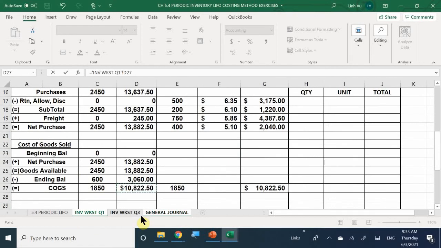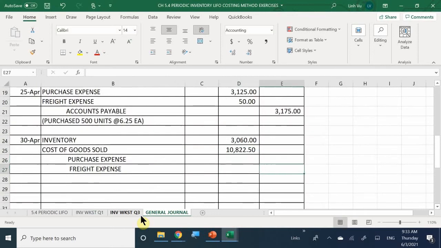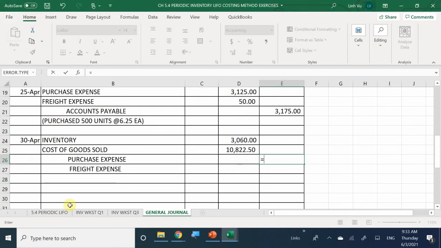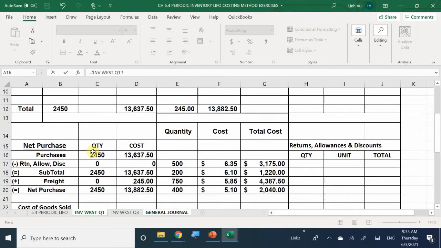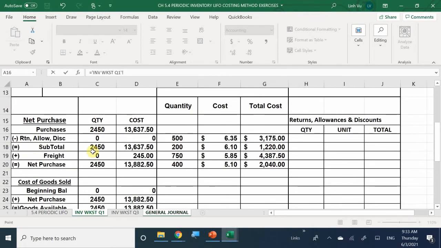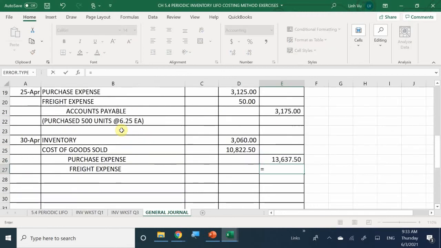About 10,800. What was my total original purchase price? Yeah. That one. 13,637.50. And last but not least, what was my freight?